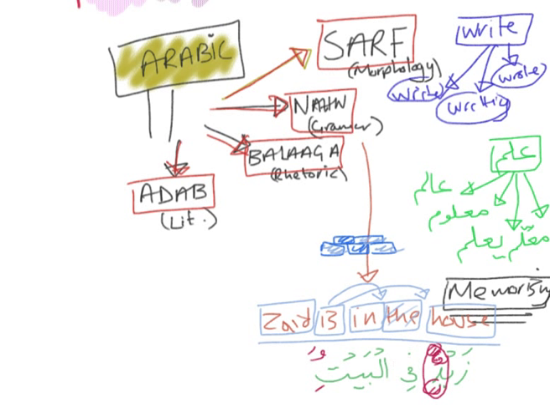If you've studied Arabic grammar, you would know that because fi appeared here, it gives the word after it a kasra. So you say Zaydun fil bayti. This automatically gives you a kasra, and that's something you learn in Arabic grammar.